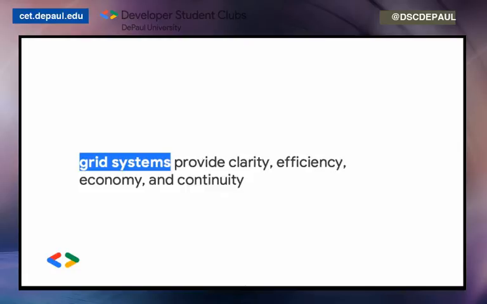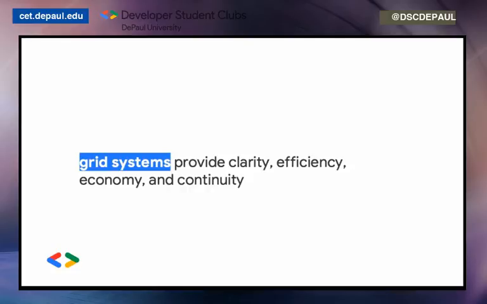Grid systems also provide clarity, efficiency, economy, and some continuity. Like you saw in the previous example of information hierarchy, you weren't able to parse a paragraph, but when you split it up into separate columns or using grids, you were able to read it and parse it in a much better way.